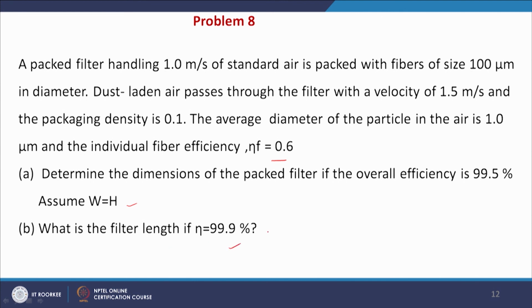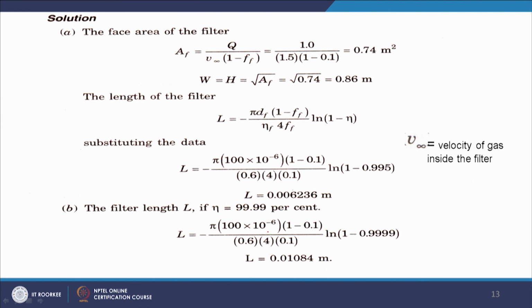So, this is a problem of bag filter, and we know that the face area of the filter, that is equal to AF, is the volumetric flow rate divided by V into 1 minus F. Here, F f is the fraction of the fabric, so 1 minus F f is the fraction of the cross sectional area.